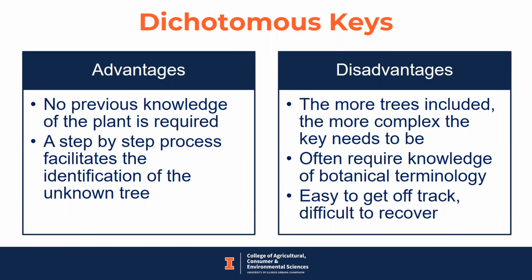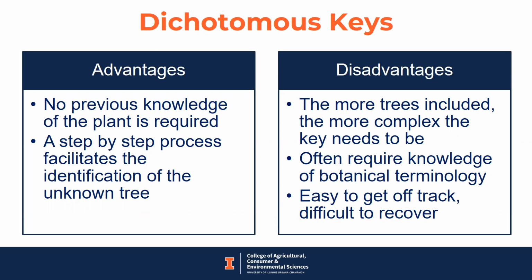So while you don't need previous knowledge in order to use a dichotomous key, you may need a good grasp of botanical terminology in order to navigate through some of those larger keys, especially those with species that have a lot of similar characteristics and only minute differences between them. As a result of some of the complexity, it can be easy to get off track, especially if you select options or choices that you're not 100% sure on.